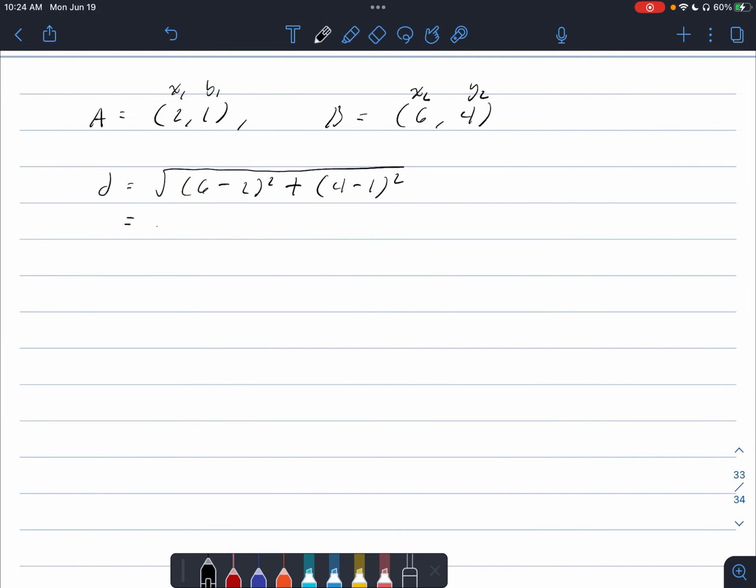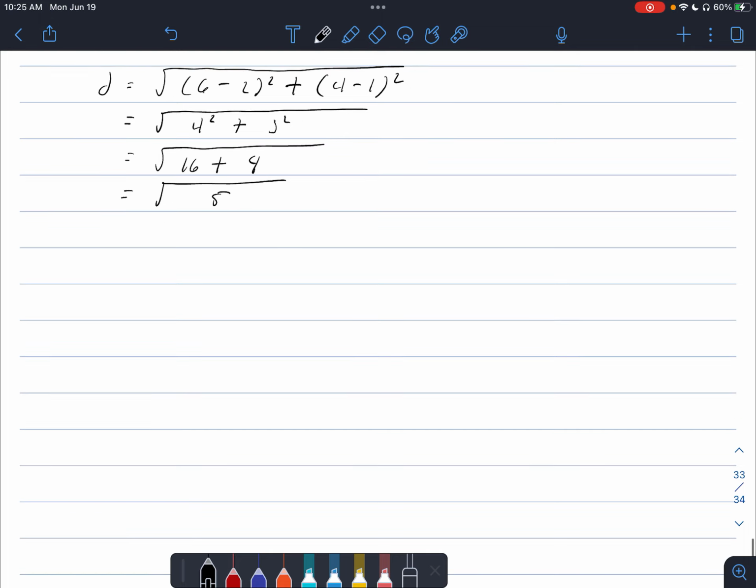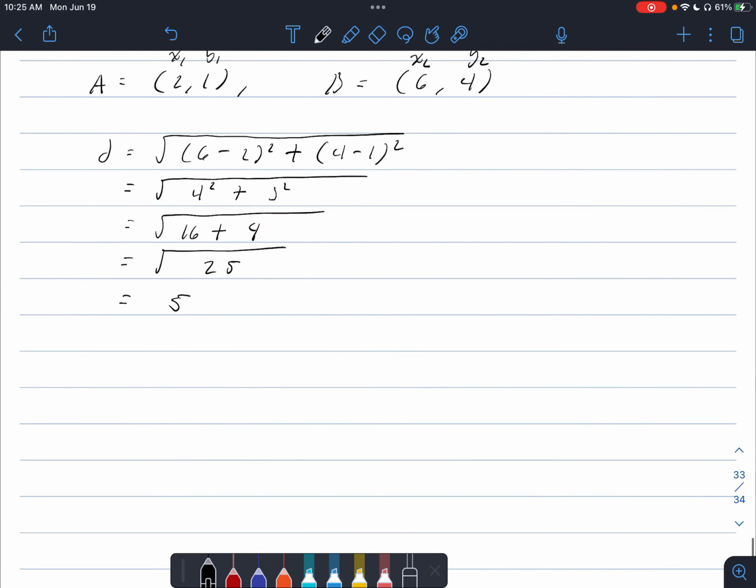So we have the square root of 4 squared plus 3 squared is equal to the square root of 16 plus 9, which is equal to the square root of 25, which is 5. So we know the distance between these 2 points is 5.